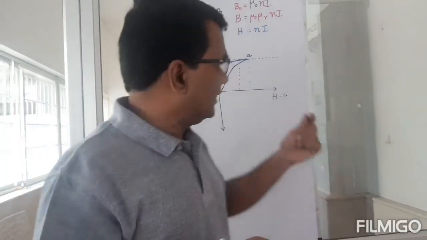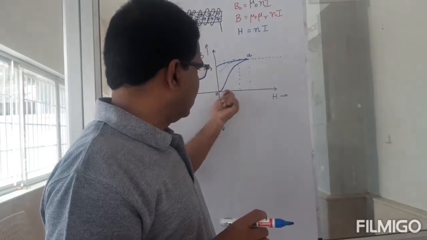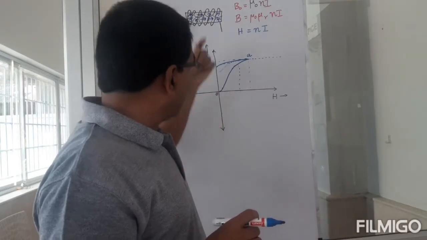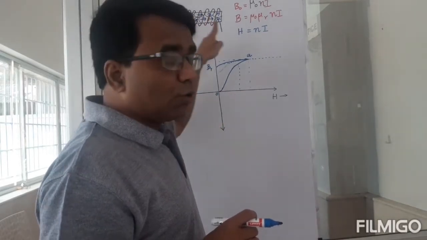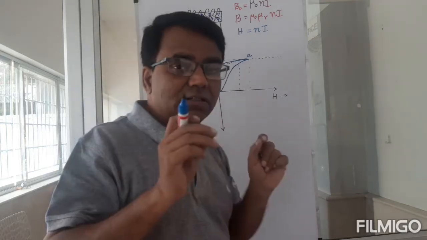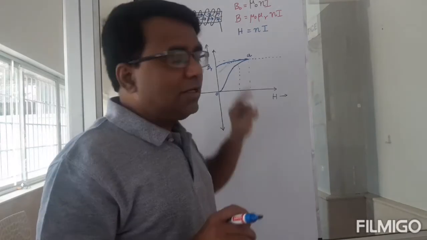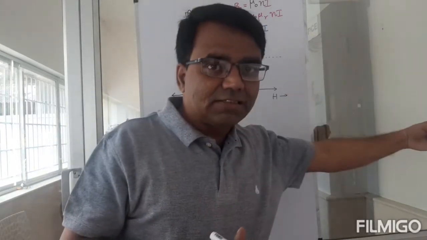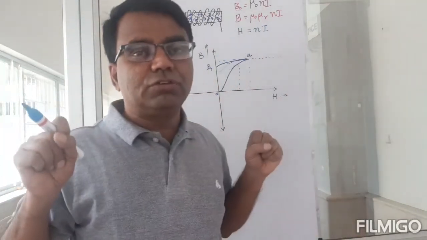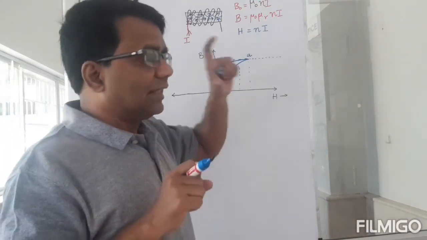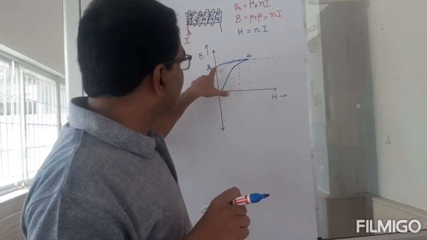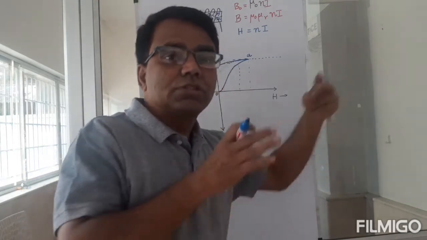But the point here is that even if you reduce the current to 0, this material will not go back to its original state of not having any magnetism at all. Once you magnetize something and then remove the external magnetic field, the magnetized material will still retain some amount of magnetism.